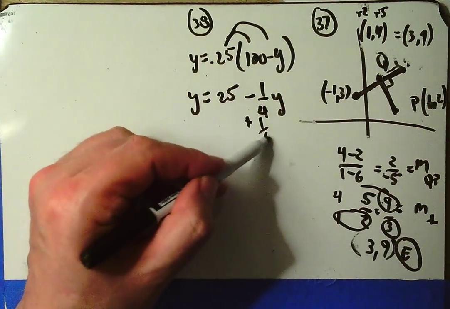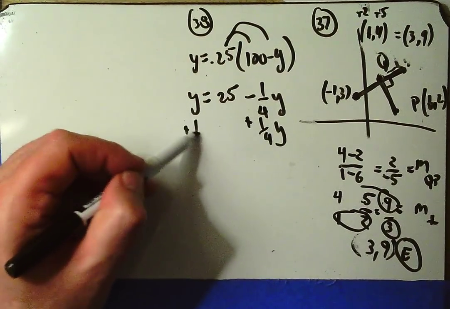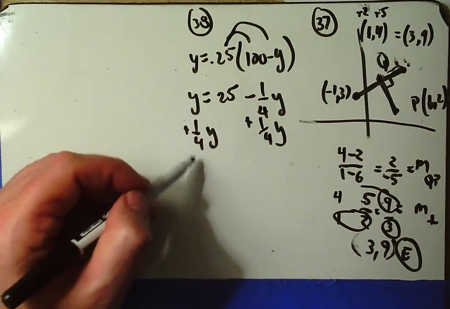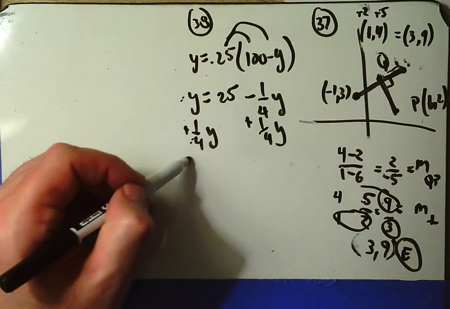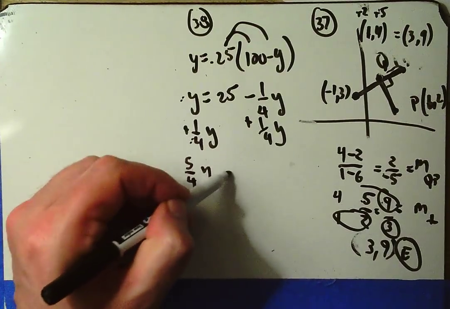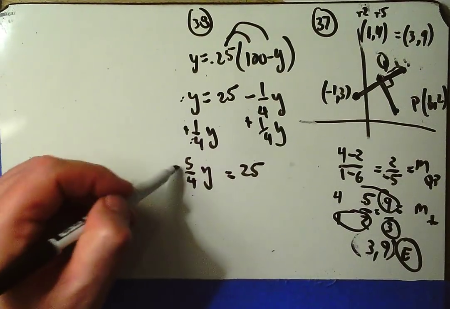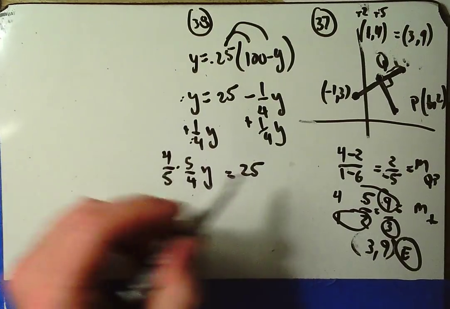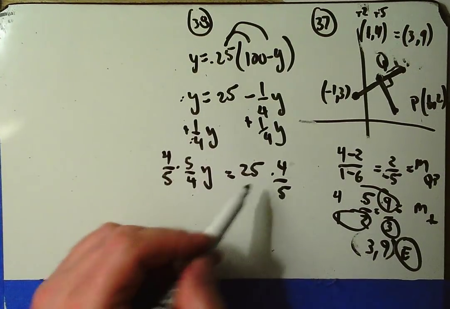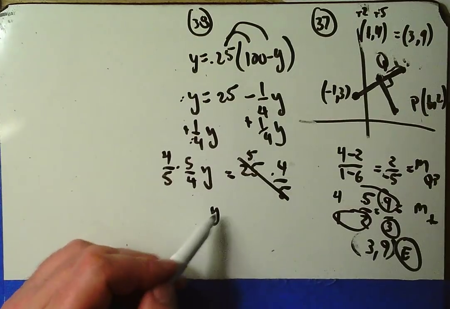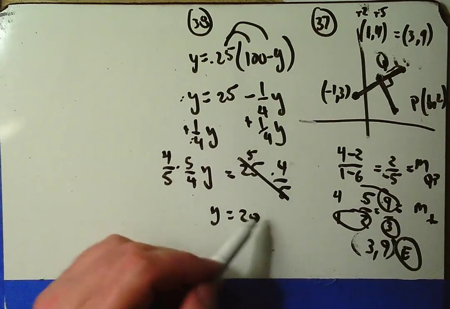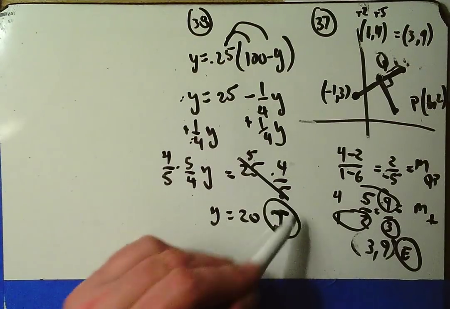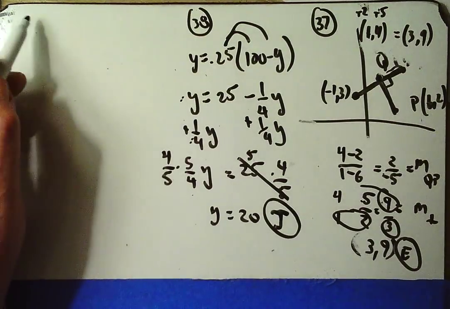I'm going to add a quarter y to both sides and get 1 plus 1/4, 4/4 plus 1/4, 5/4 y is 25. If I multiply both sides by 4/5, I get that y equals 20, and that corresponds to choice J for number 38.